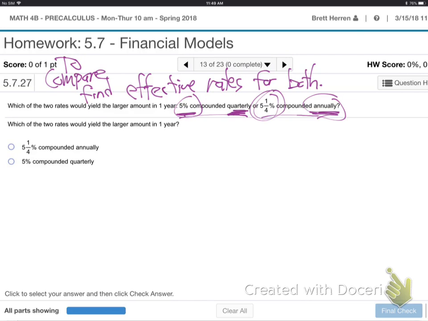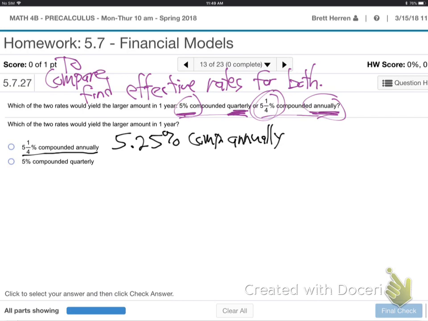Okay, so let's do the first one. 5 1/4% compounded annually. So that's 5.25% compounded annually. You with me so far? I want to find the effective rate of that. What's really going to happen in 1 year with that account? Any thoughts? How about that first one? What's going to happen in 1 year?